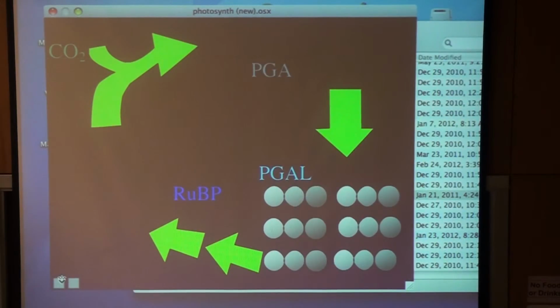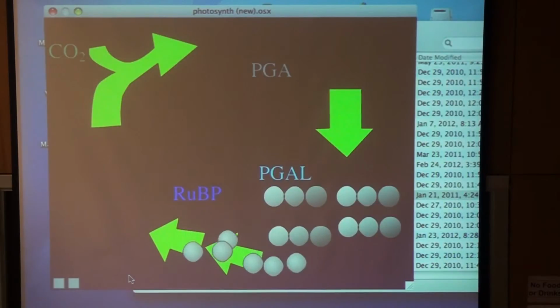It's 5 of them. Here we go. So out of every 6 PGALs that are generated, you need to get 5 to regenerate the starting RUBPs that you had there. And that's what these enzymes are going to do right there. Those grab PGALs and essentially break them into smaller bits and reassemble the RUBPs out of them.